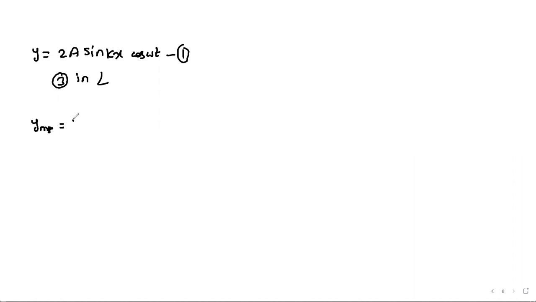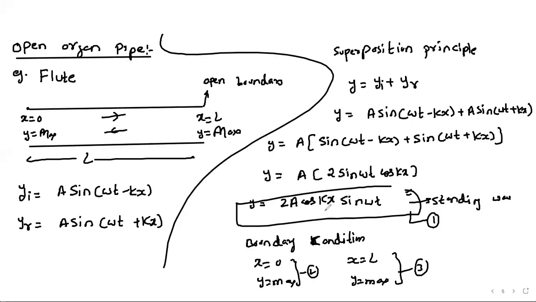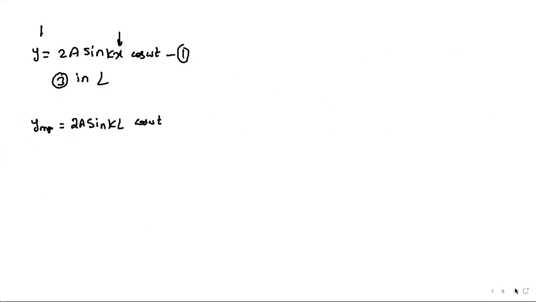So y max is, instead of x, I'm writing L, and your y should be maximum. 2a sine kL cos omega t, isn't it? No, this is cos kx, sorry, cos kx sin omega t, not sin, this is cos kx.